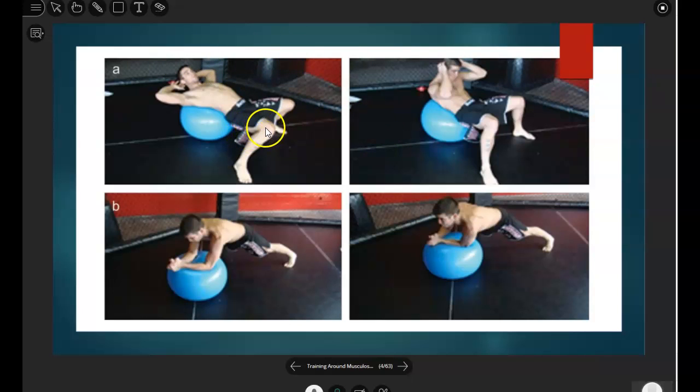Give it a guess. Yeah, good. With A, that person is actually going into flexion, so that might be more problematic than something that's resisting flexion.